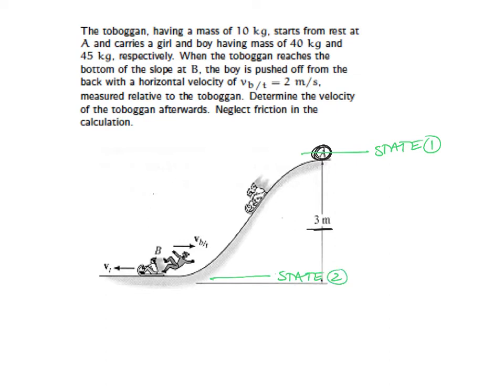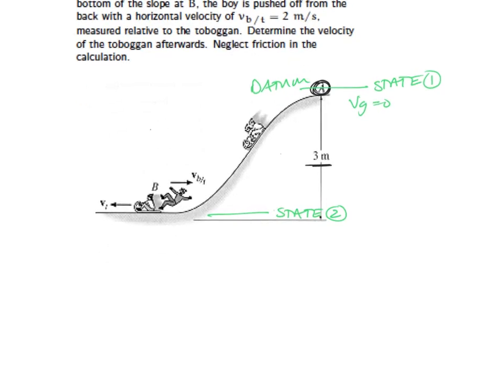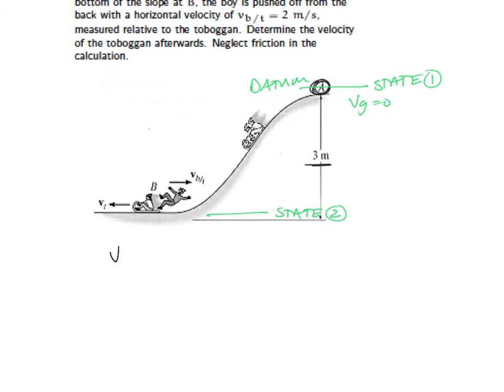And so up here, depending on where you put your datum, define Vg equals 0, put our datum for potential up here, we would end up with Vg1 equals 0, kinetic energy 1 also equals 0, U1 to 2 non-conservative equals 0, no friction, neglecting friction.